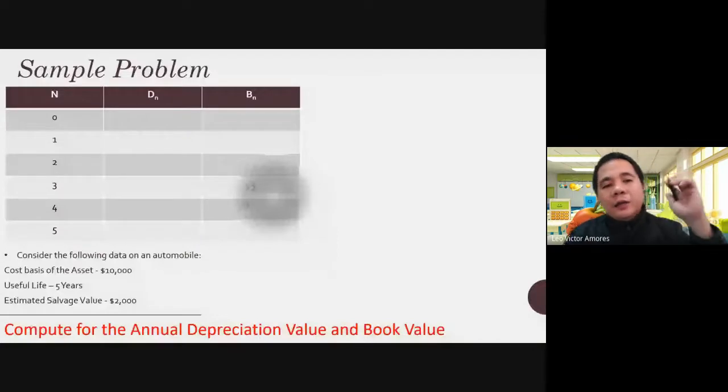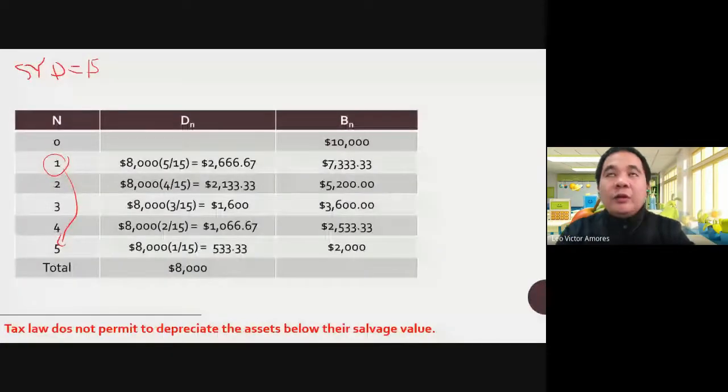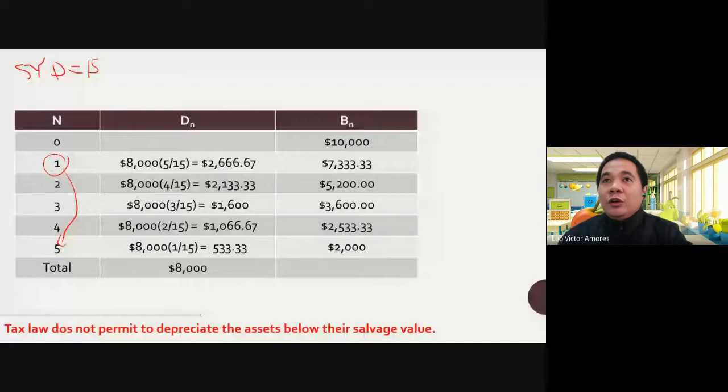So your multiplier, your numerator, is actually the reciprocal value of your digits. So 5 kauna, 5 out of 15 ang iyahang multiplier, 4, 3, 2, and 1. Since ang atong assumption is decreases over time. So 5. Also, your 8,000 is your depreciable value.